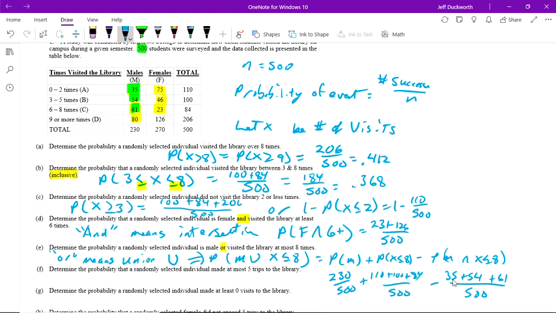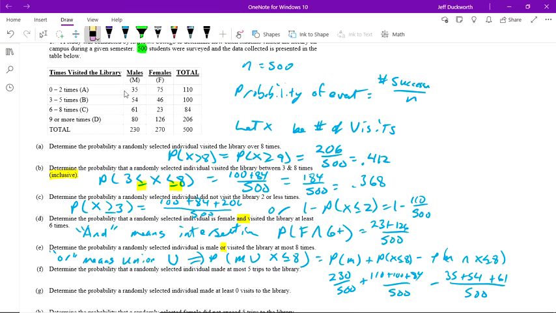All right, let's take a look at F. Determine the probability a randomly selected individual made at most 5 trips to the library. At most is that many or fewer, just as it was before. Oh, I jumped down. No. I was reading the wrong thing. So F. Probability a randomly selected individual made at most 5 trips.